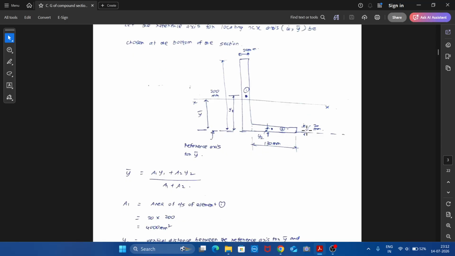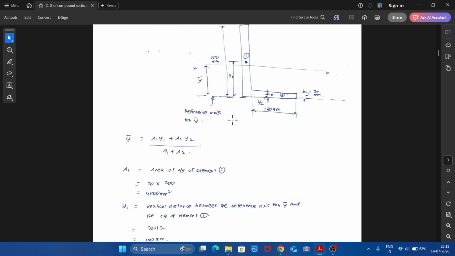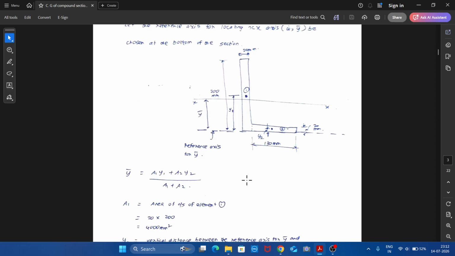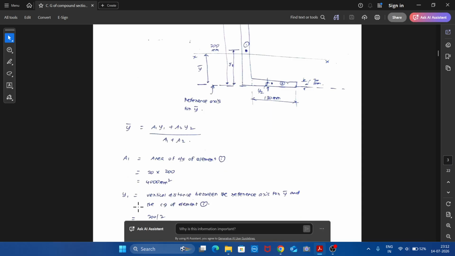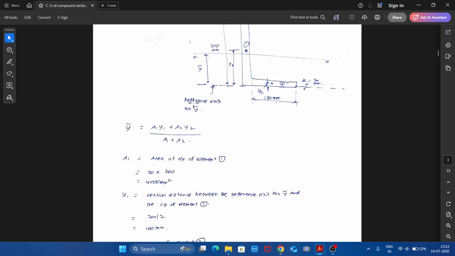So here again, y bar, the formula is given by a1 y1 plus a2 y2 divided by a1 plus a2. So a1 is area of element 1, we have already found. So 20 into 200 will be the area. And y1, here the definition is y1 is the vertical distance. All y, say y bar, y1, y2, everything, y refers to vertical distances.